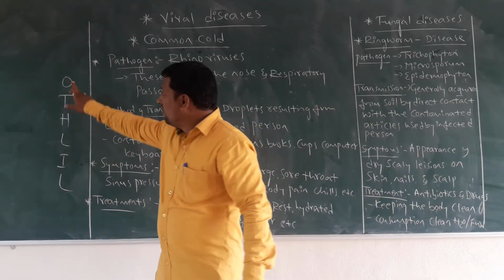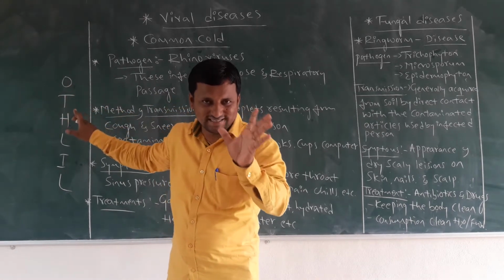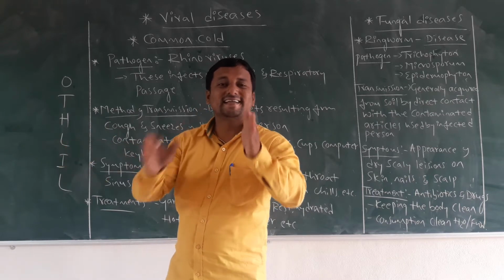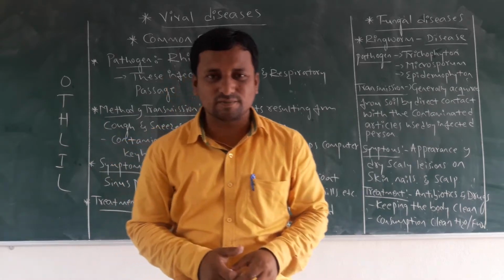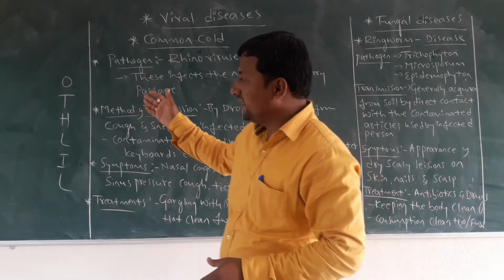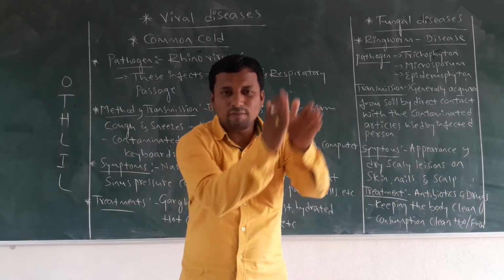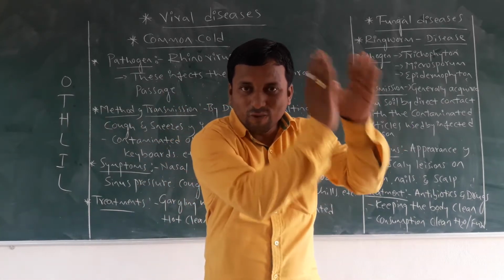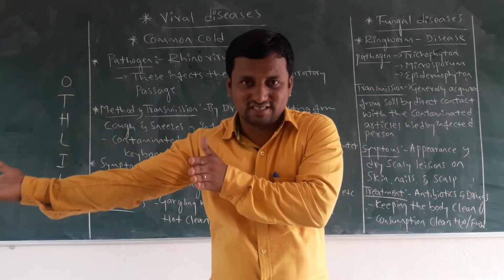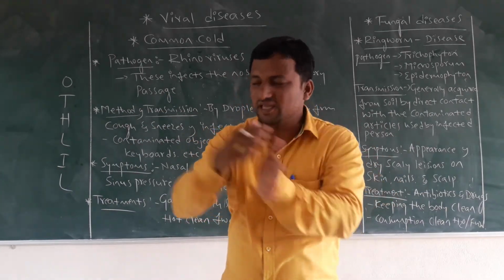Those 6 groups. OT is nothing but oxidoreductases. Oxidation and reduction reactions take place by this type of enzymes. Next, transferases: transfer of one group from one substrate to the product. Transfer of one group to another.